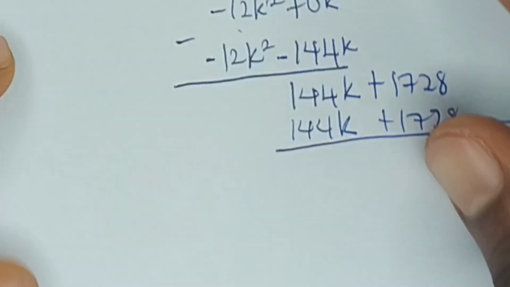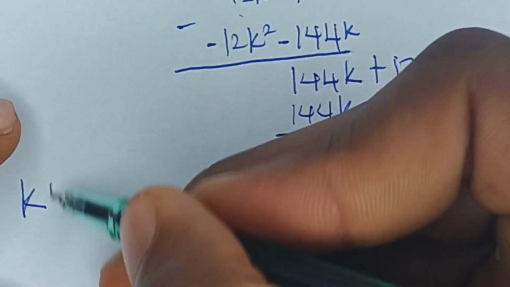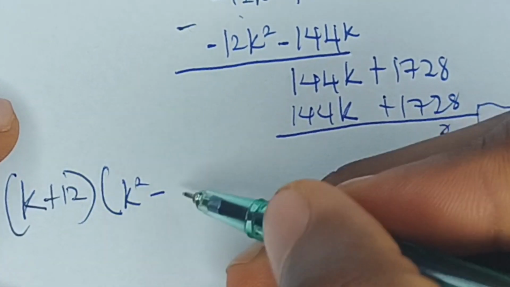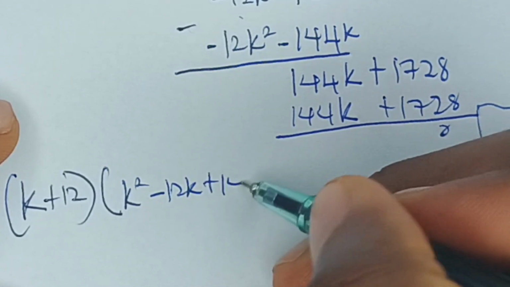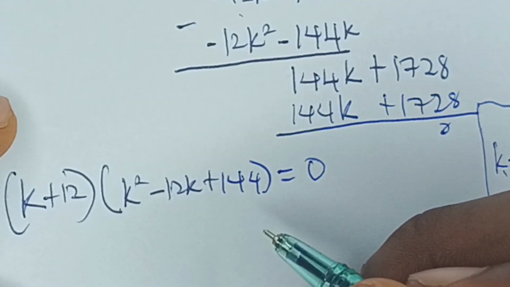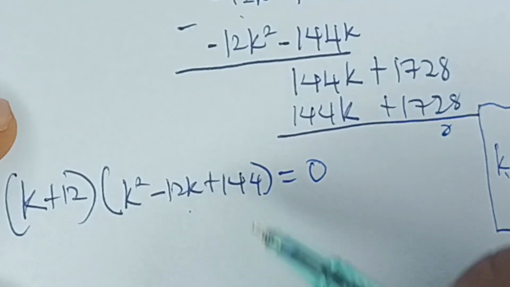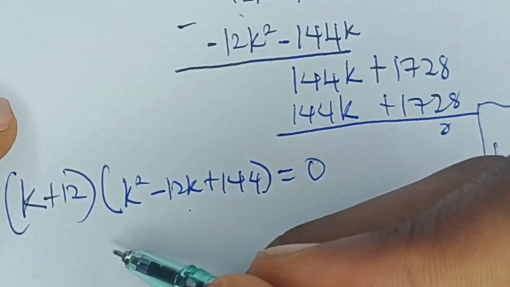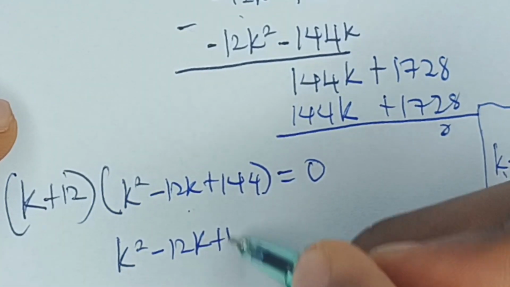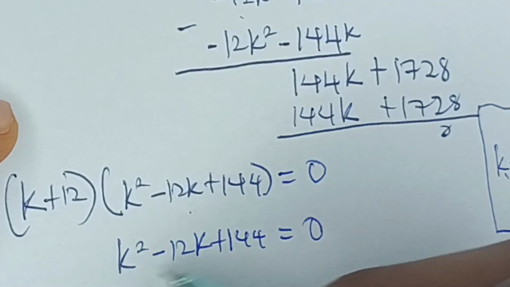Now moving on, the equation becomes k plus 12 multiplied by k squared minus 12k plus 144 is equal to 0. So we now have a quadratic equation, k squared minus 12k plus 144 is equal to 0. What do we do here?